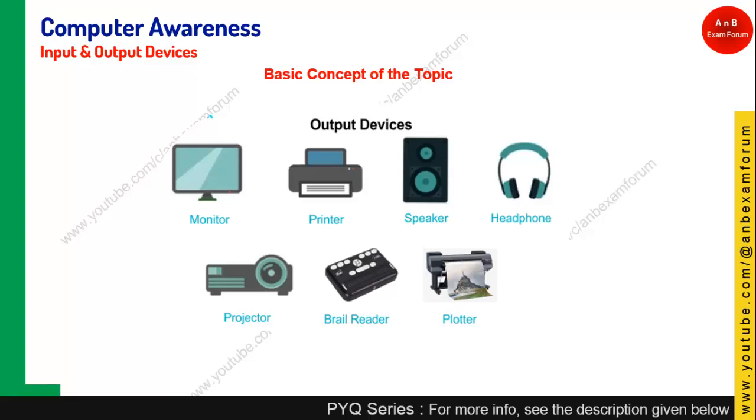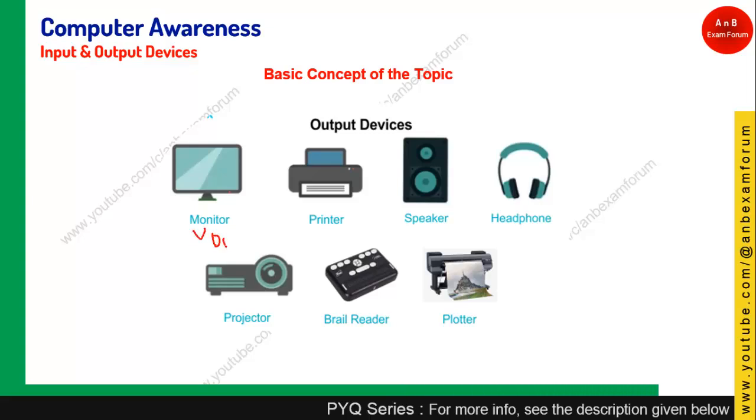Coming to the output devices, as you know, monitor is one of the output devices, which is also known as the visual display unit. The printer gives the output in the form of physical paper, which we call a hard copy, and whatever is stored in the computer is known as soft copy.